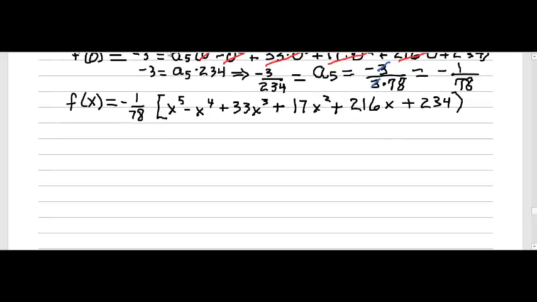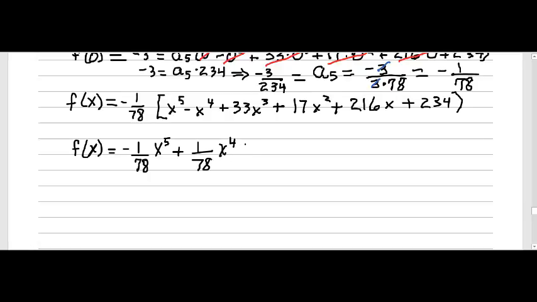And I can distribute that. I'm not sure if MyMathLab requires you to distribute that or not. So just in case on a problem like this it does, I'm going to go ahead and distribute this. So I multiply each term of the polynomial by negative 1 over 78.